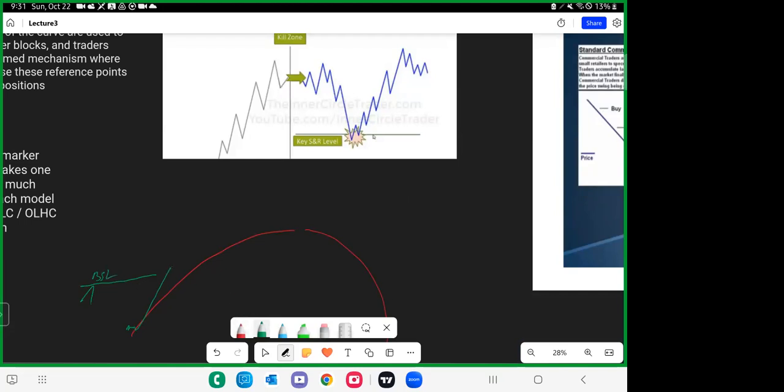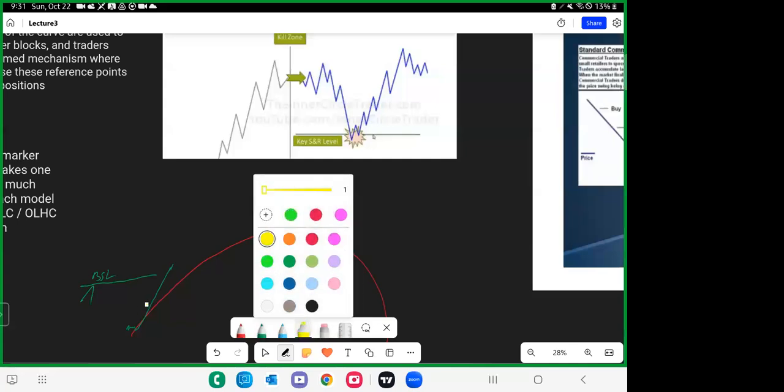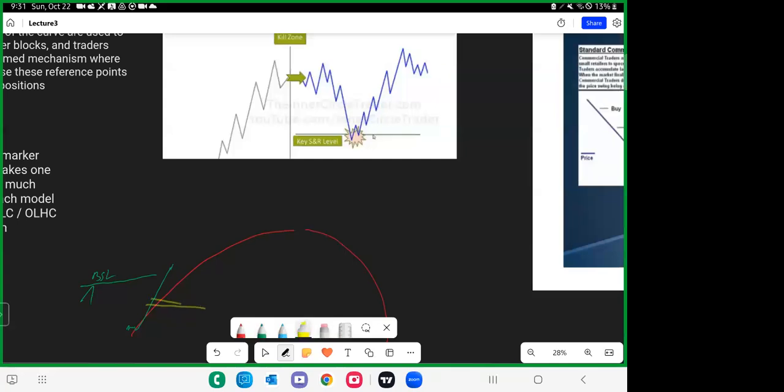What's going to happen is there's going to be an array down below market price. Price is going to want to make its way to that array. That becomes a small buy program within the entire sell program.